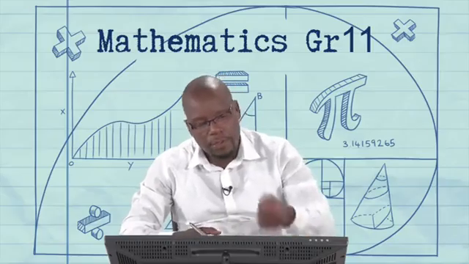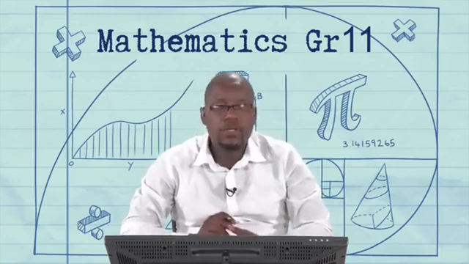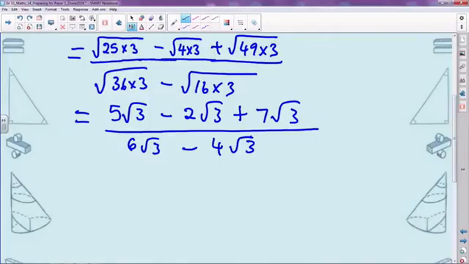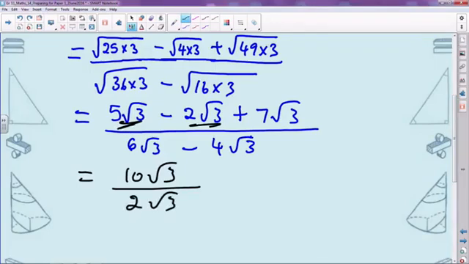But if you press square root of 75 equals, it gives you 5 root 3, and then you write all of them like that, and you can see that these now are like terms. 5 root 3 minus 2 root 3 is 3 root 3, plus 7 root 3 gives us 10 root 3, all divided by 6 root 3 minus 4 root 3, you get 2 root 3. And then from there, root 3 divided by root 3, and then 10 over 2 is 5.